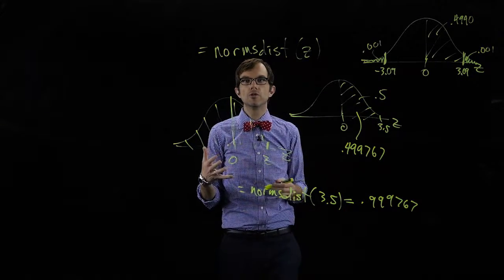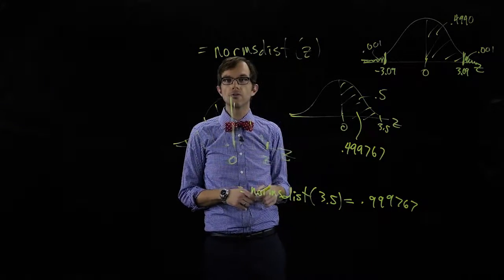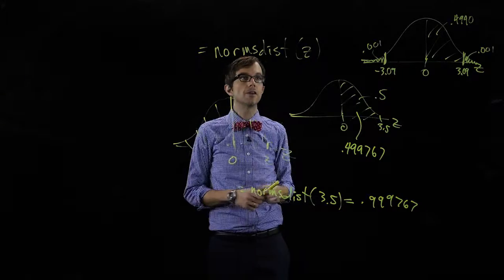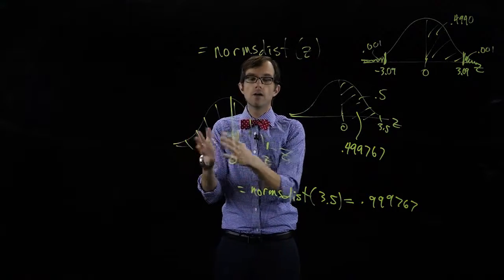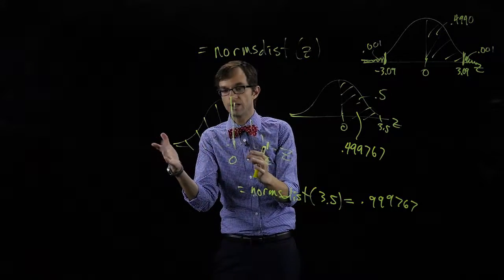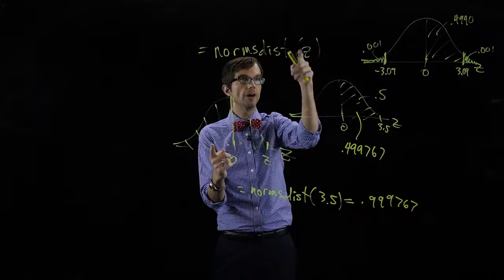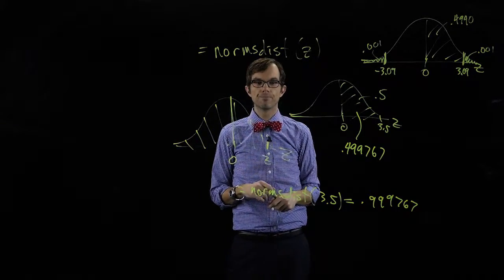So of course you can use the NORM.S.DIST function for any of the problems that we've been talking about so far. If you don't want to use a z-table, you can always use the NORM.S.DIST function for any value of z, and you can interpret it as the area under the curve between negative infinity up to the value that you read in. You can read in positive values and negative values, and you'll get a cumulative probability.